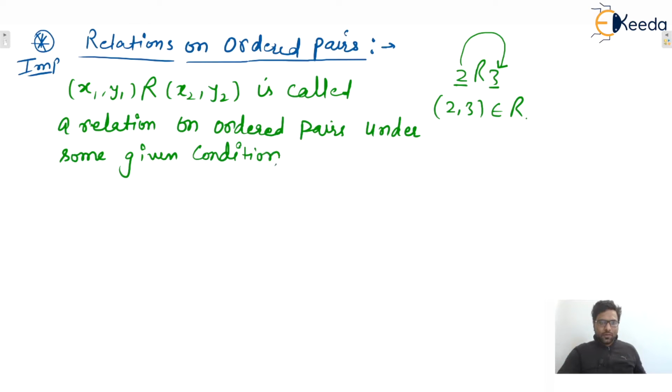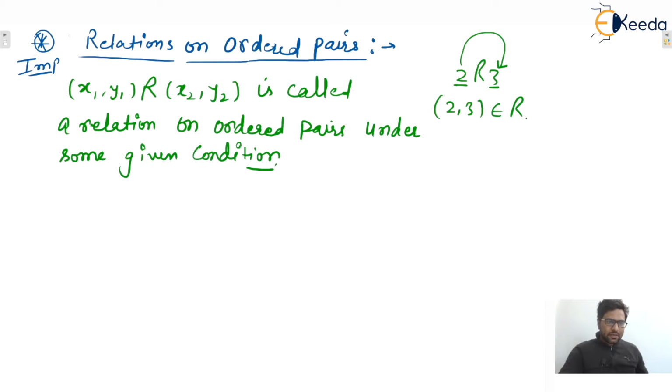Till now we have seen a relation is a subset of the Cartesian product of a set. Here the relation is a subset of the Cartesian product of two Cartesian products. Remember this one.